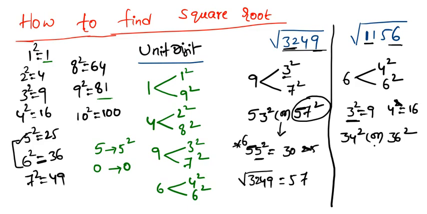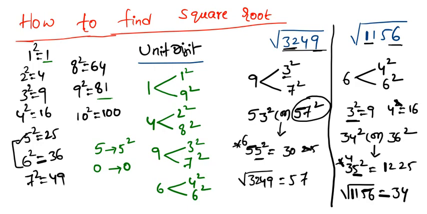In between we have 35 square. 35 square: 5 square is 25, the next number after 3 is 4, 3 fours are 12, so 1225. The given value is less than 1225. So the answer for 1156 is 34.